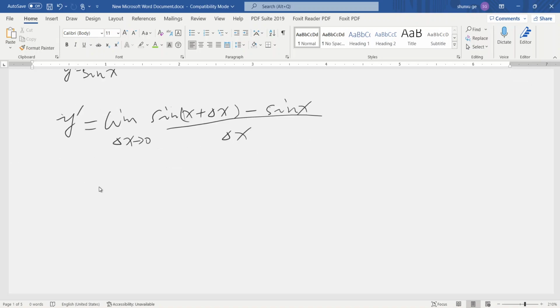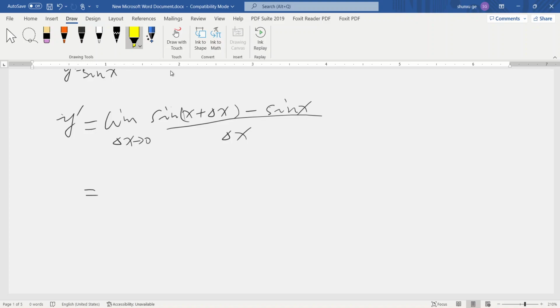So now we solve this. We open this part here. The limit as delta x approaches 0. It approaches 0, not equal to 0.